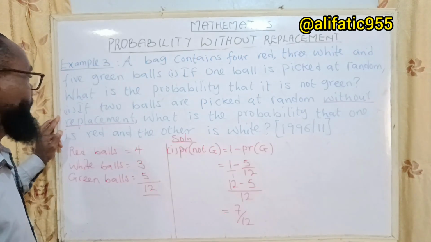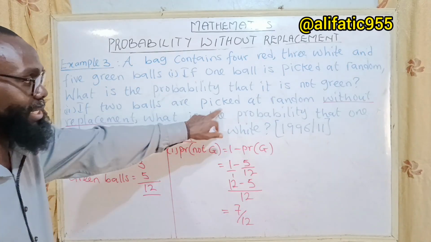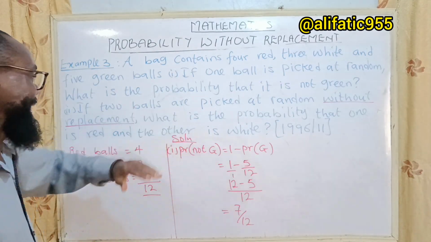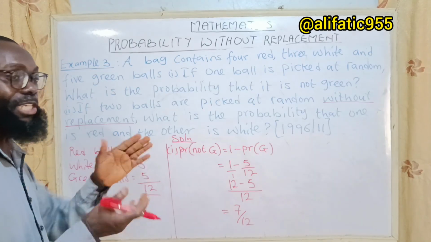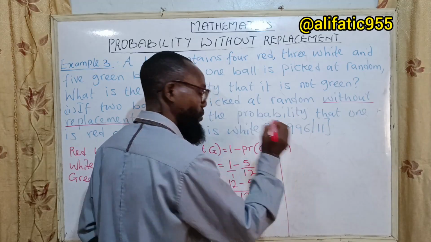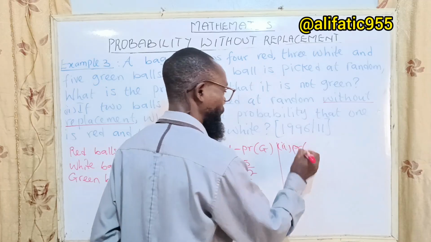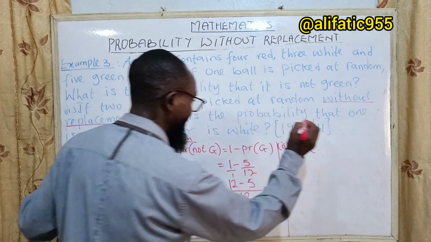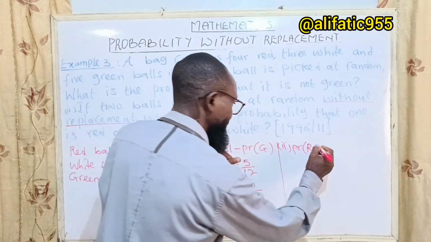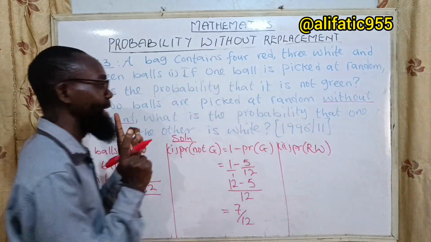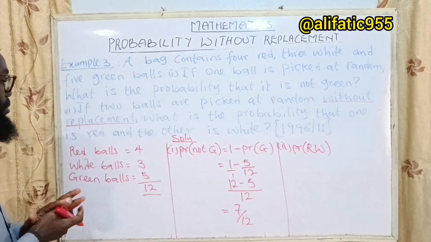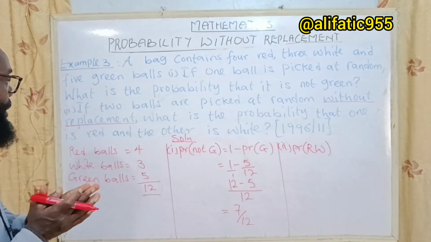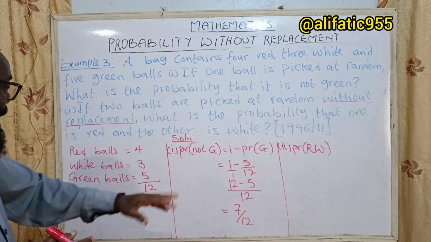We've got 2. If 2 balls are picked at random without replacement, what is the probability that one is red and the other is white? Probability of one is red, and the other is what? White. Don't forget that statement, without replacement. So it is, okay, and the other is white.